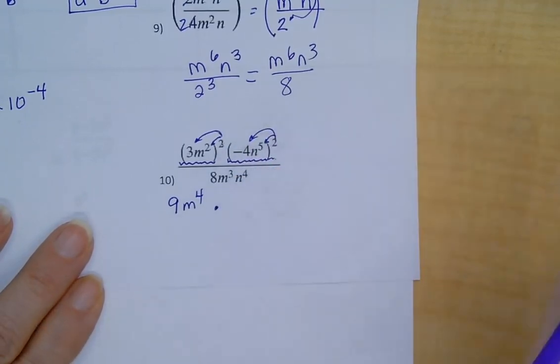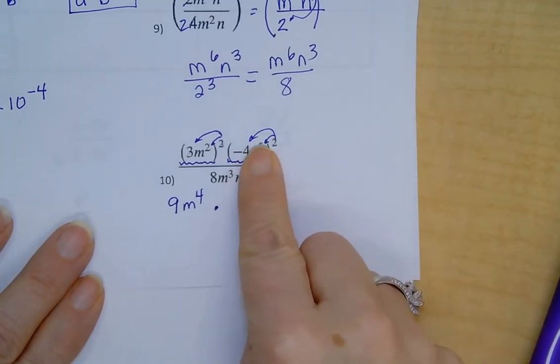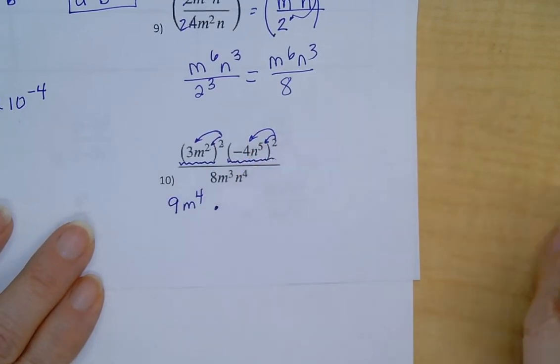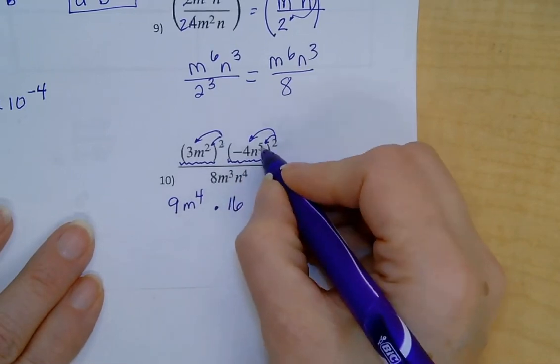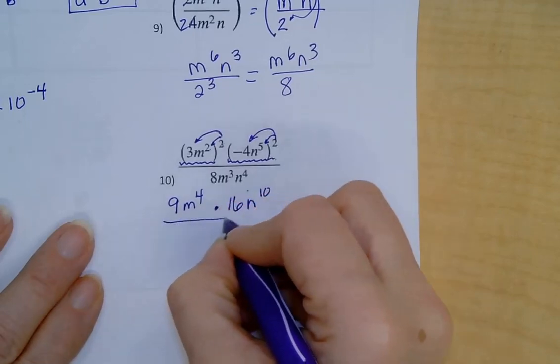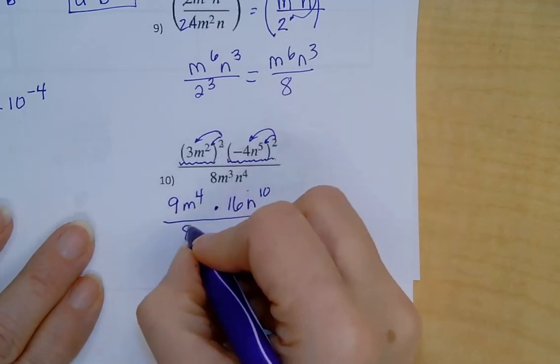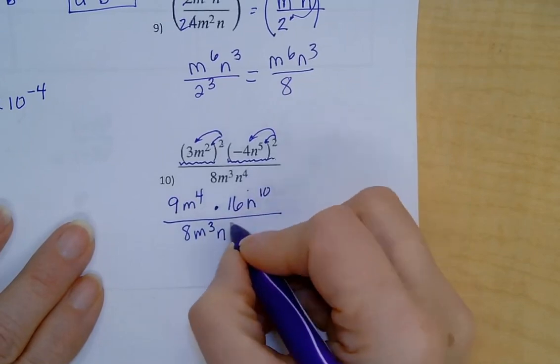Remember, this -4 is inside parentheses. If I didn't have the variable at all, that -4 would be inside parentheses. So it becomes -4 times -4, or positive 16. So I'm going to have times 16. And then n to the 5 times 2 is n to the 10, all over 8m cubed, n to the 4th.